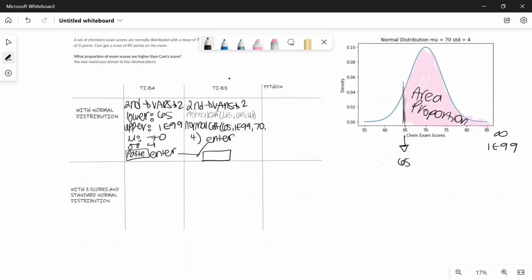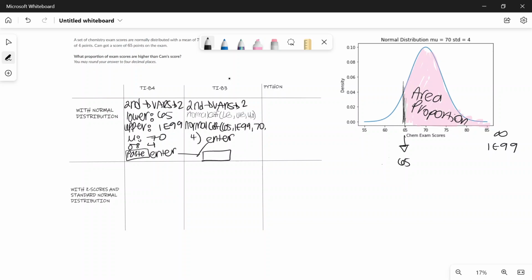Okay, so I'm going to use a TI-83. I'm going to do 2nd, vars, 2. I'm going to put in 65, comma, 1e99. The E is 2nd, comma, which is above the 7.